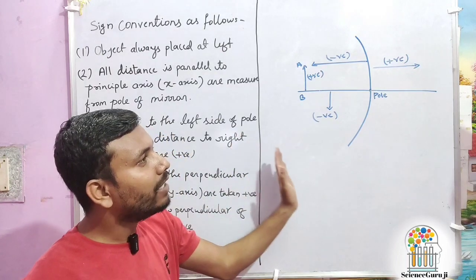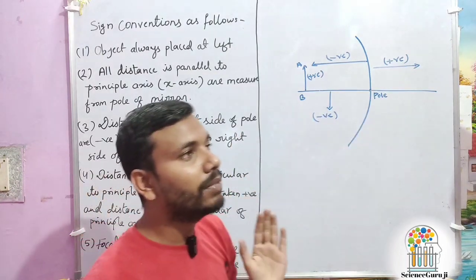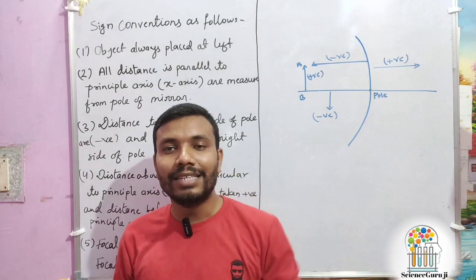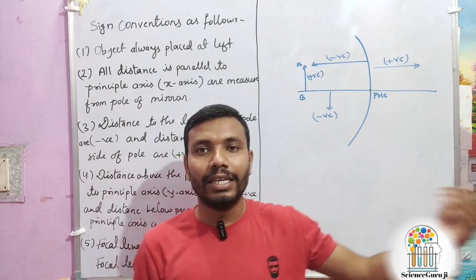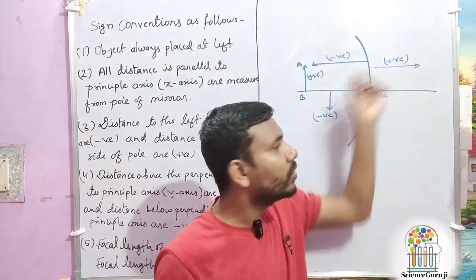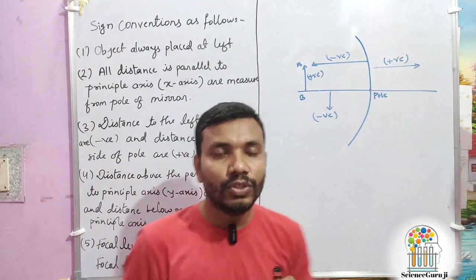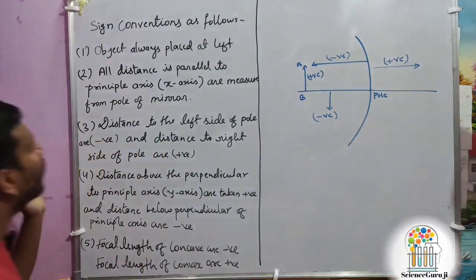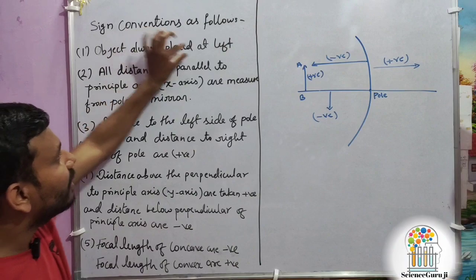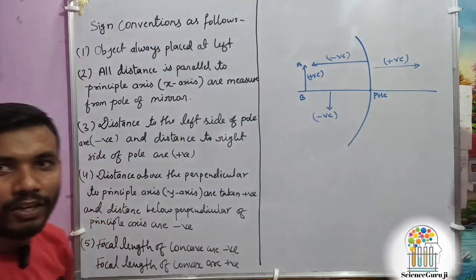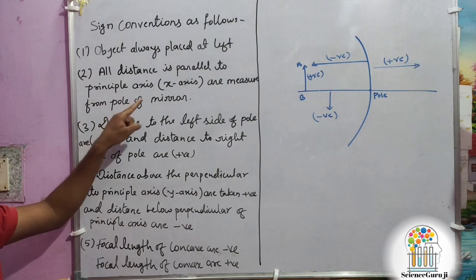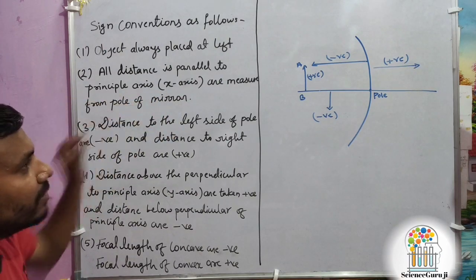And for the right side, the distance from the pole to any object or image formed on the right side is always considered positive. Okay, so let's understand this one by one. First, what I said: the object is always placed on the left side. Second, what we have said: all distances are measured parallel to the principal axis.